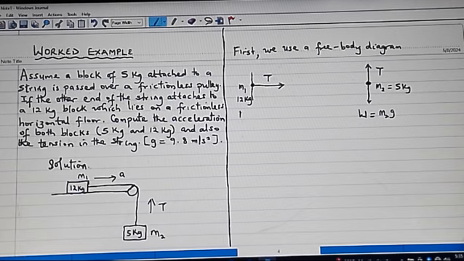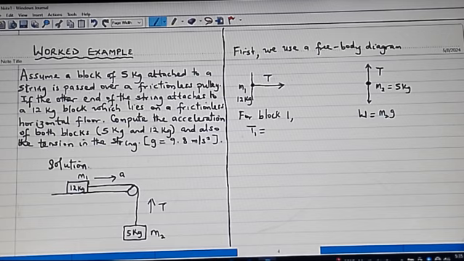So for particle 1, let's just say block 1. For block 1, T1 is equal to, or we just simply say T because it's the same tension, okay?